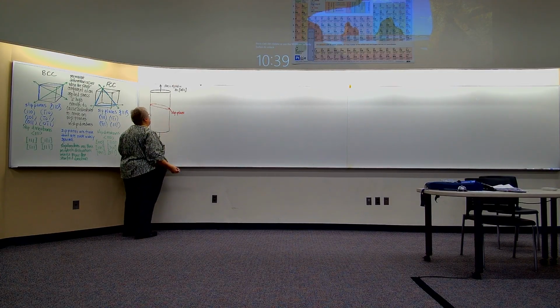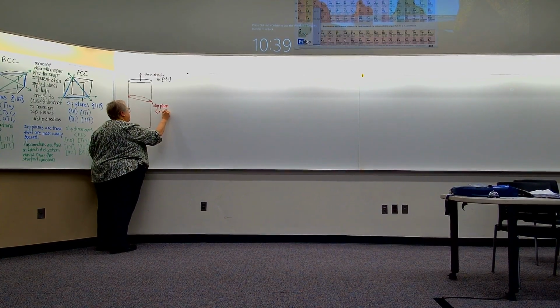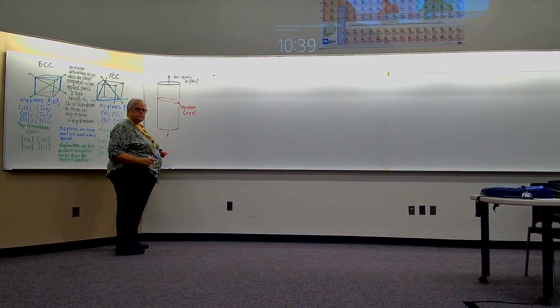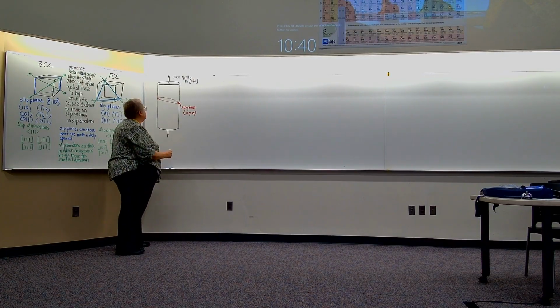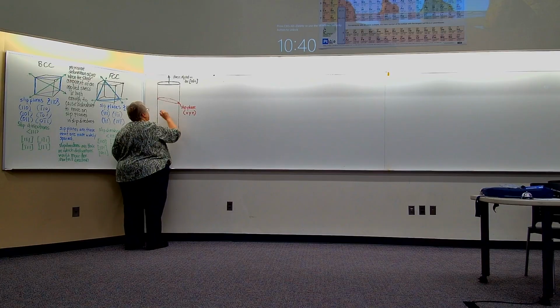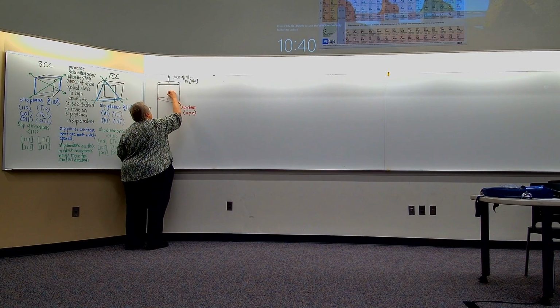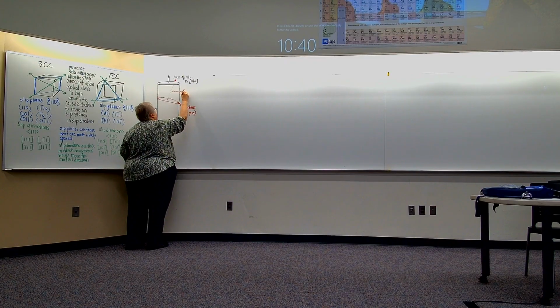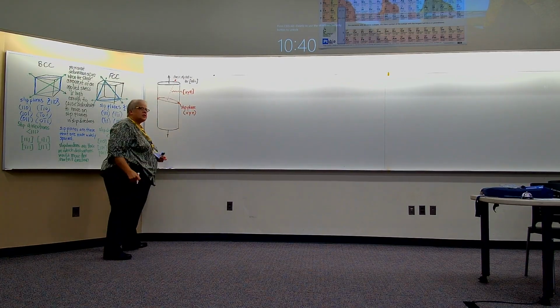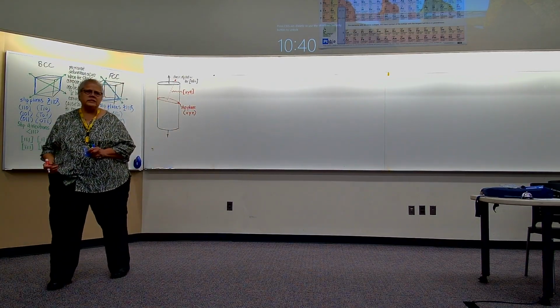And that slip plane, depending on if it's BCC or FCC, is going to be in the 111 or the 110 family. For now, I'm just going to say it's the XYZ plane. And the perpendicular to that plane is the XYZ direction by definition. The direction that's perpendicular to the plane has the same Miller indices.